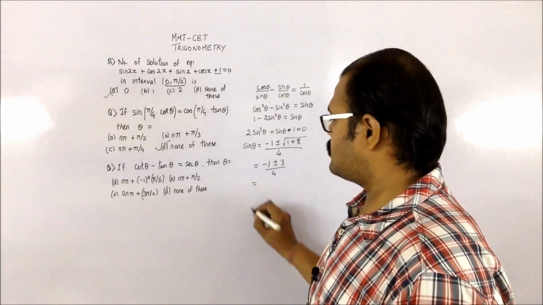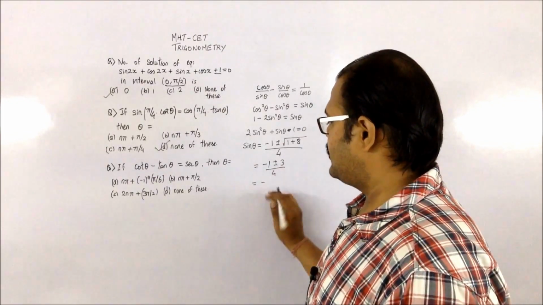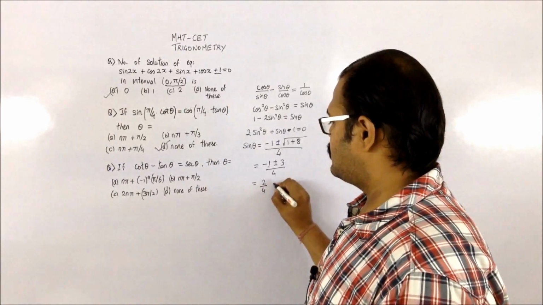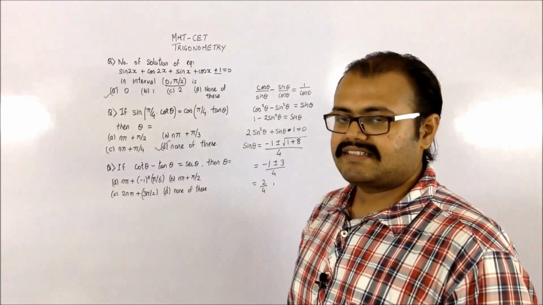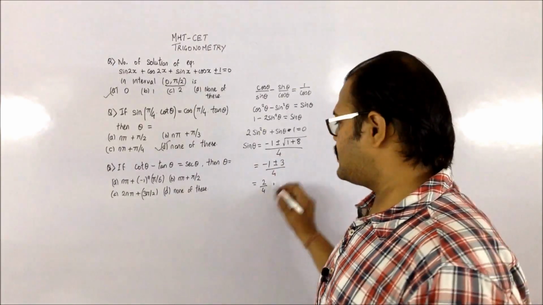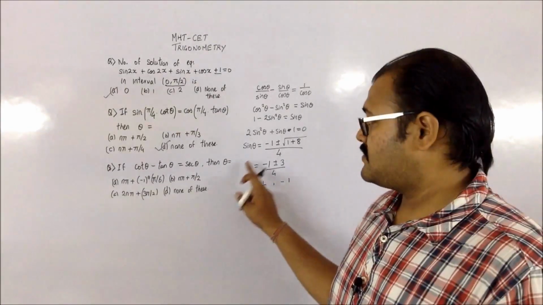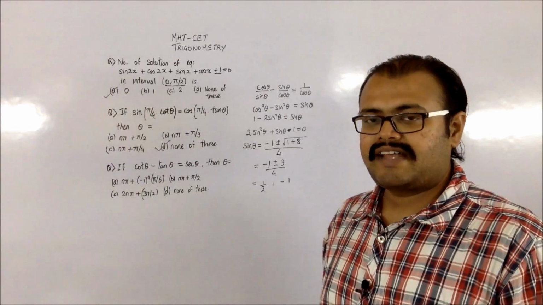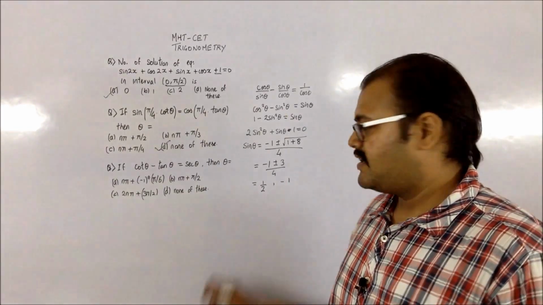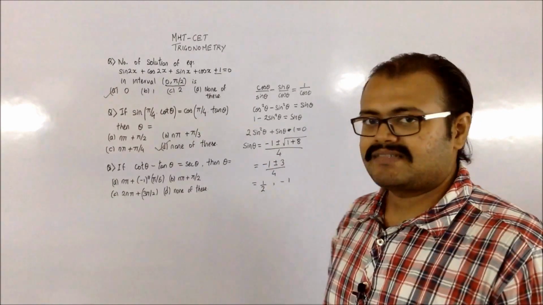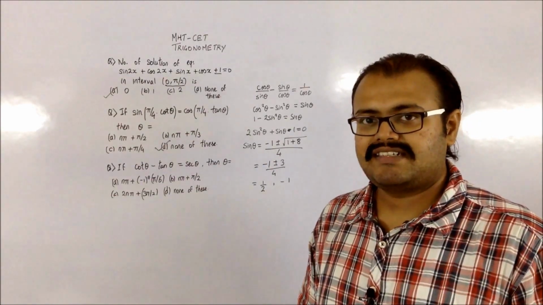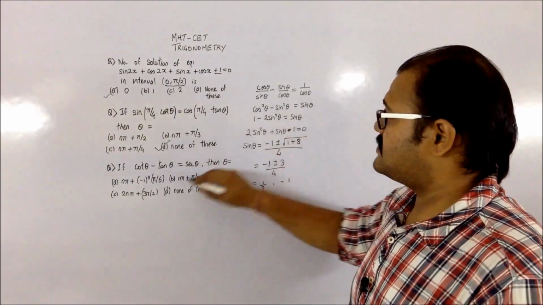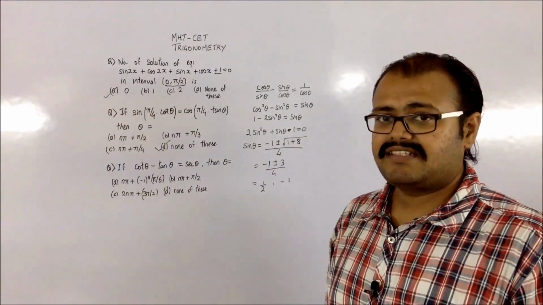divided by 4. So I'll be getting minus 1 plus 3, that is going to be 2 by 4, or it is going to be minus 1 minus 3, which is minus 4 divided by 4, so that's going to be minus 1. From this you can see that sine theta is minus 1. Now minus 1 cannot be a solution, because if sine theta is minus 1, then cos theta is going to be 0, and so the tan which was present in the question is going to be infinity.